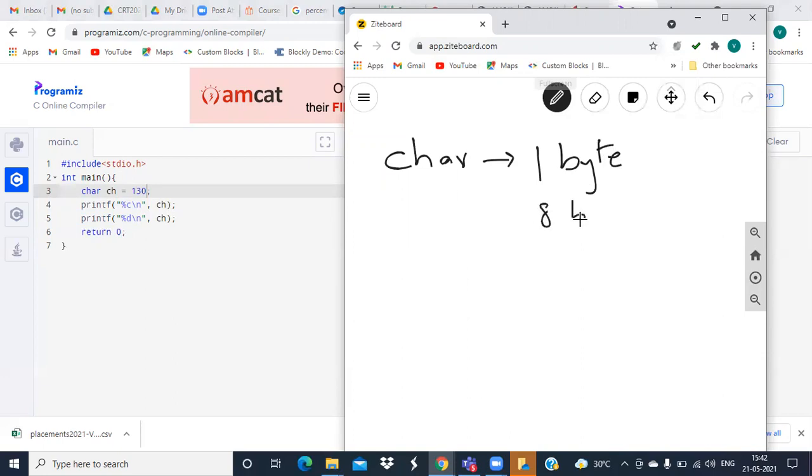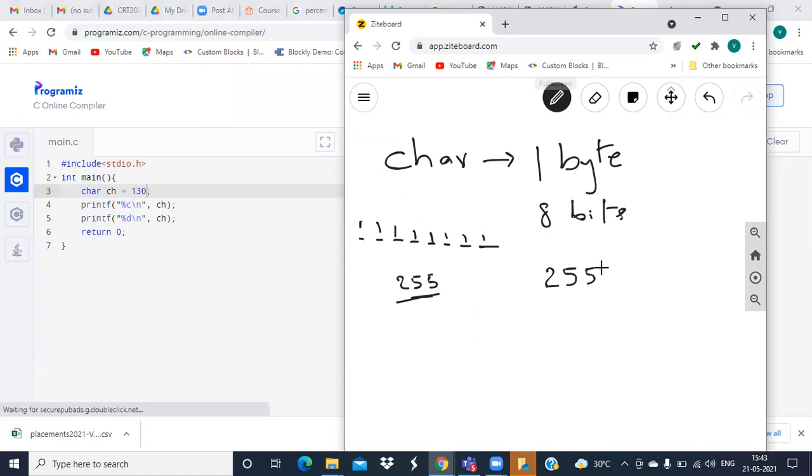With 8 bit positions, you can put all ones in all the bit positions and calculate the number, and that would be 255. So the maximum number that you can generate is 255.